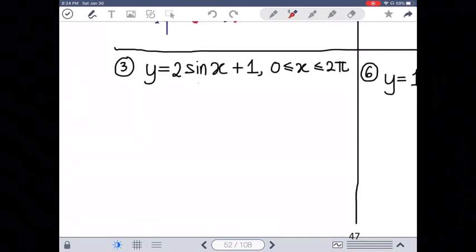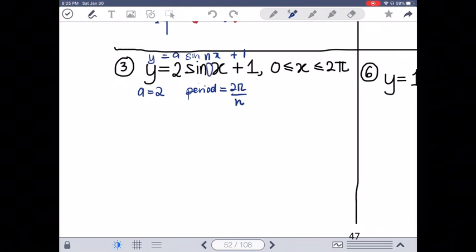Now let's have a look at the third example. Y equals 2 sine x plus 1. Again, the amplitude is equal to 2, and the period is equal to 2 pi over n.